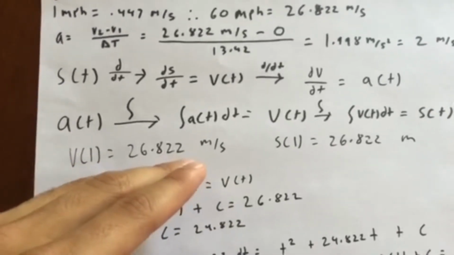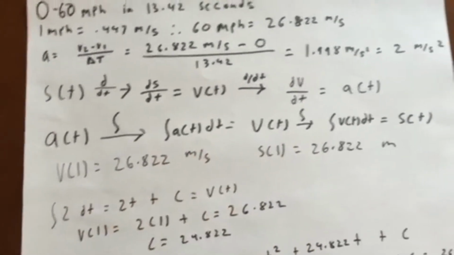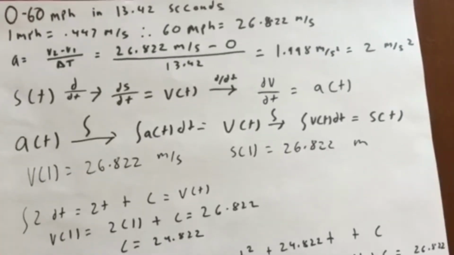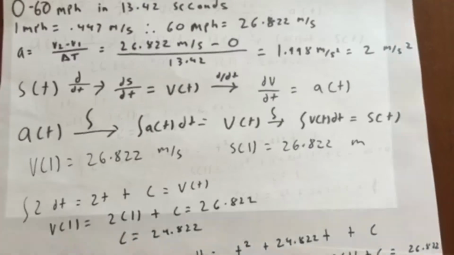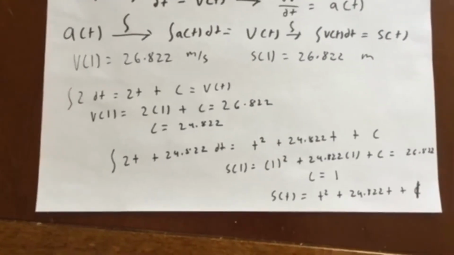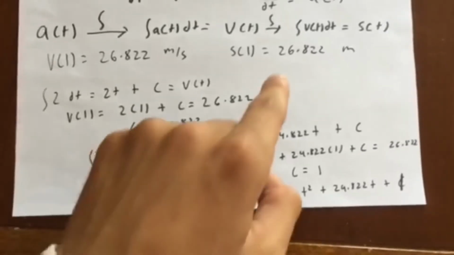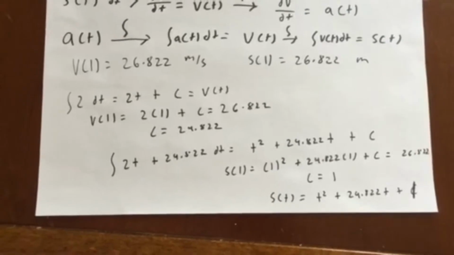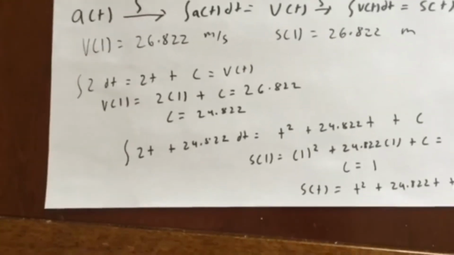The integral of acceleration would give us our velocity function, and the integral of our velocity function will give us our position function. We know that the velocity at 1 second is 26.822 meters per second, and the position at 1 second will be 26.822 meters.